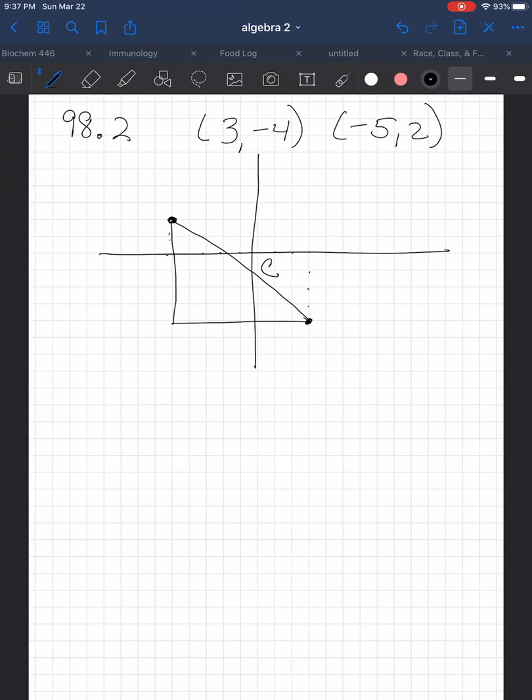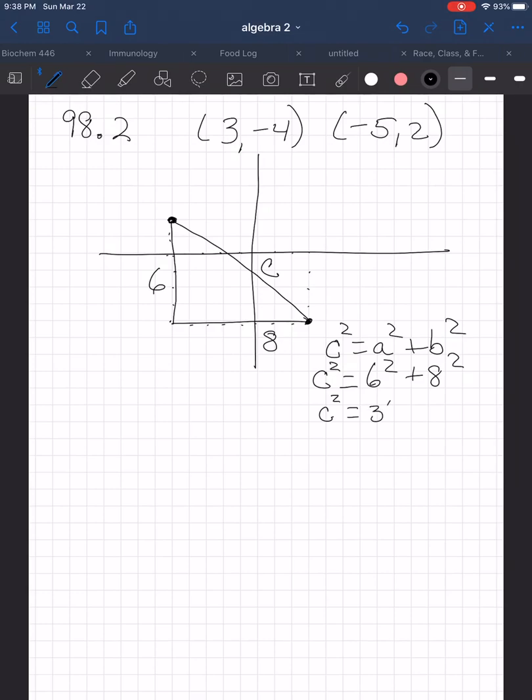And now we're going to count the length. So 1, 2, 3, 4, 5, 6. And 1, 2, 3, 4, 5, 6, 7, 8. And we set up the Pythagorean theorem. c squared equals a squared plus b squared. We're looking for c squared. So that will be 6 squared plus 8 squared.